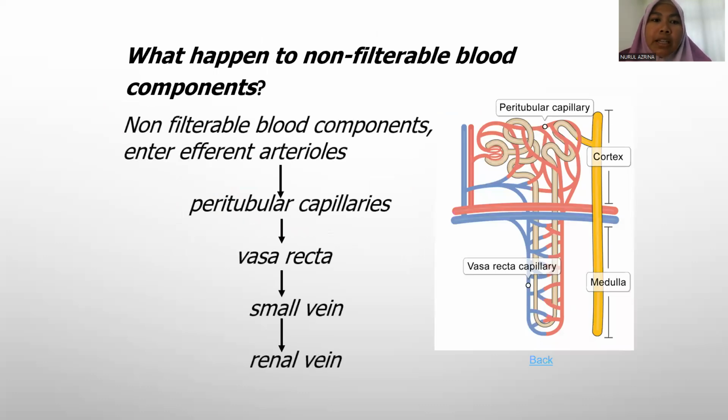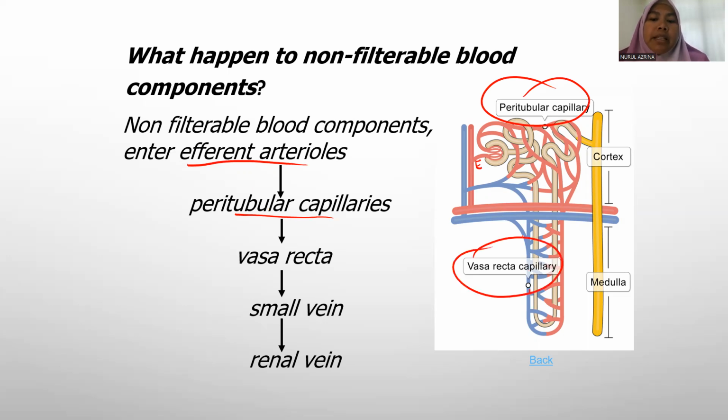As we discussed earlier, the non-filterable blood components will be transported into the efferent arteriole. Okay, from the efferent arteriole, so this is the efferent arteriole, and then it will go into the peritubular capillaries, and then travel into the vasa recta, right?